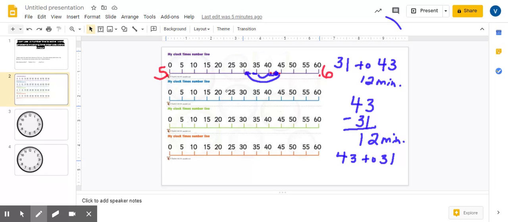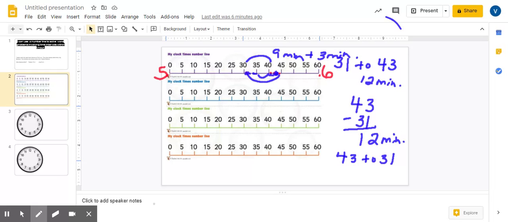Now, I could know that from 31 to 40, I know that's 9 minutes, correct? And then all I had to do was add 3 more minutes onto it. That also gives me 12 minutes. So there's many ways to work through this. Did you get it? Awesome.